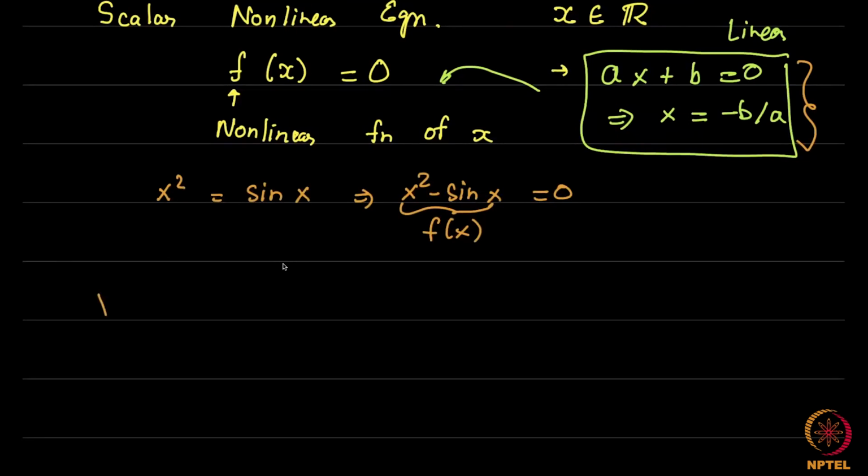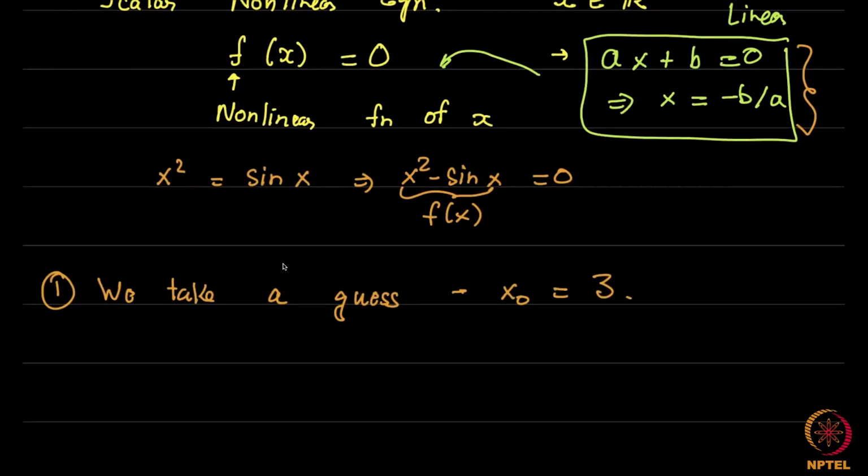We know that we take a guess. Please notice this: within the next three algorithms, this step will always be the case. So we take a guess, let's say x0 equal to some value 3. Now, obviously, x equal to 3 does not satisfy this.